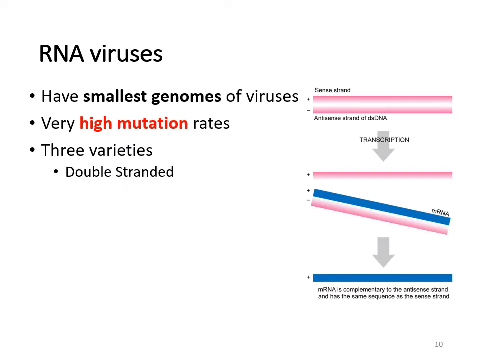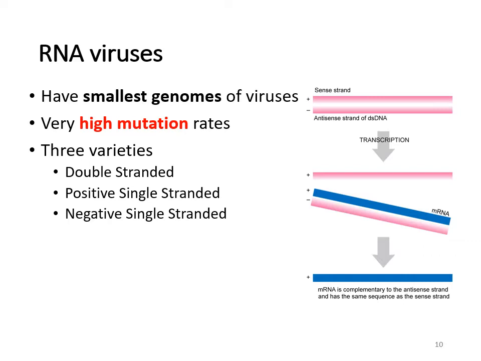Now, there are three main varieties that you should be aware of: double-stranded RNA genomes, positive single-stranded genomes, and negative single-stranded RNA genomes. What I want you to put stars next to are the positive single-stranded and the negative single-stranded genomes. When you see positive, I want you to think positive, think protein, because the positive single-stranded RNA matches the mRNA that would make proteins.